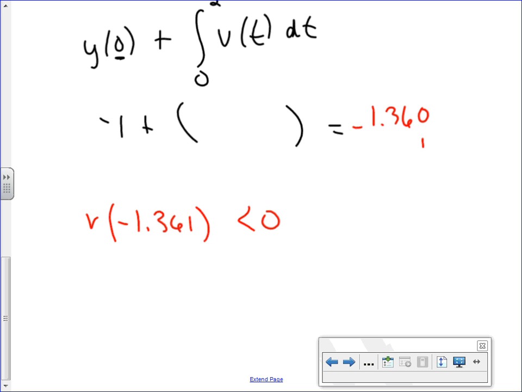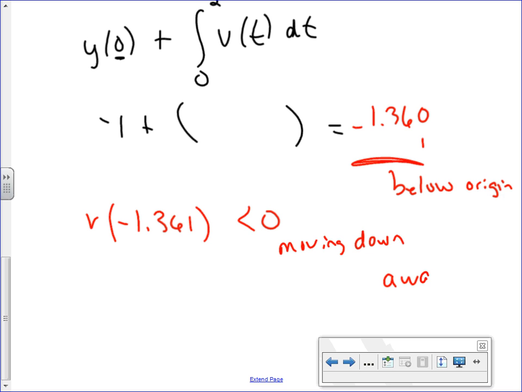Okay. Now, then you have to think it through. It is below the origin, and it is moving down. Therefore, it is moving away. You have to put the two pieces of information together. It's below the origin, instead of left and right, below the origin, and it is moving down. Therefore, it is moving away.